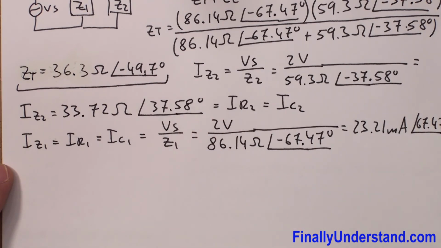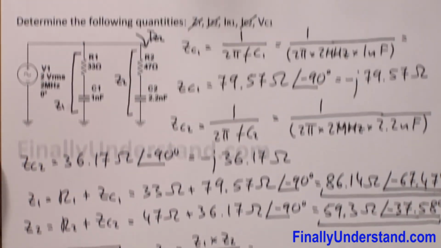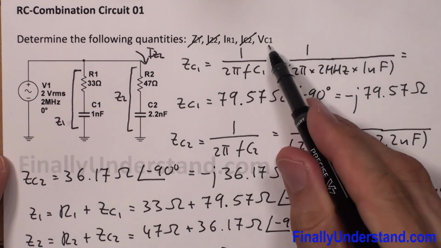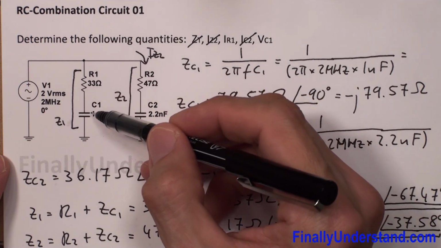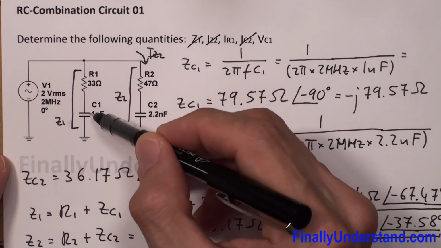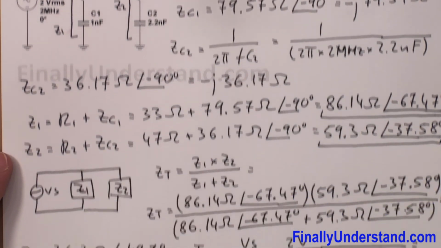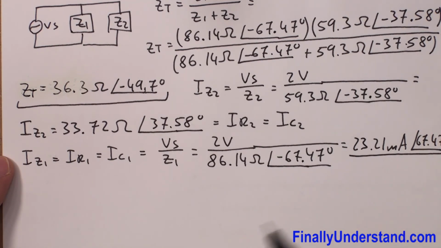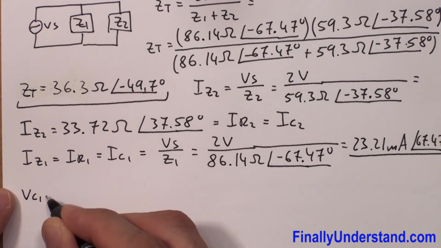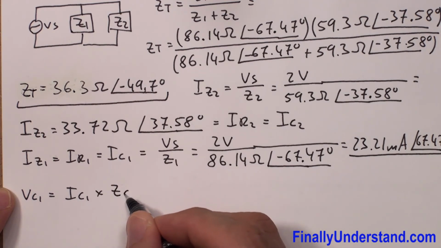Next, we're supposed to find the voltage across capacitor C1. So if I have the current which goes through this capacitor and I know the impedance of this capacitor, I'm going to use Ohm's law to find the voltage across this capacitor. So this is my IC1 also. Okay, keep in mind that IR1 is equal to IC1. So if I want to find VC1, I simply multiply IC1 times ZC1.